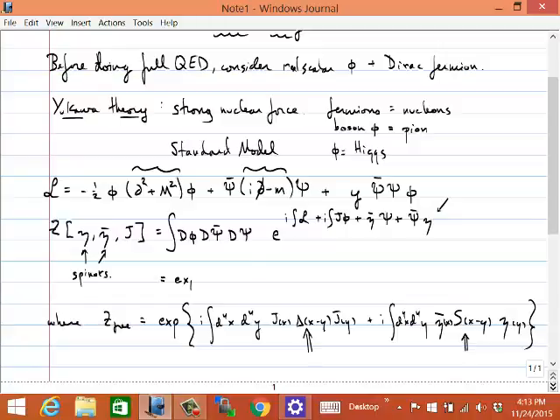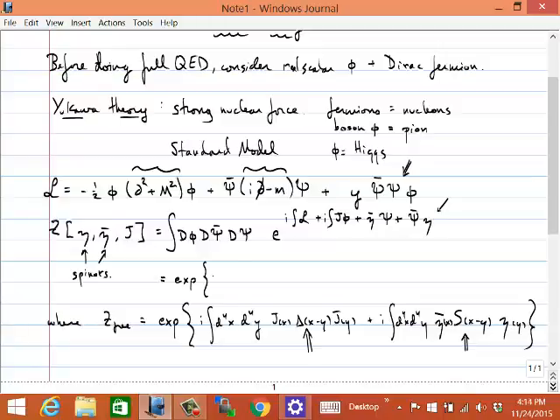In order to incorporate the effect of this interaction, we do the usual trick where we view the insertion of the psi bar, psi, and phi fields as the insertion of some variational derivative.